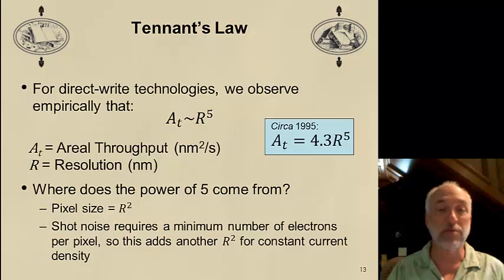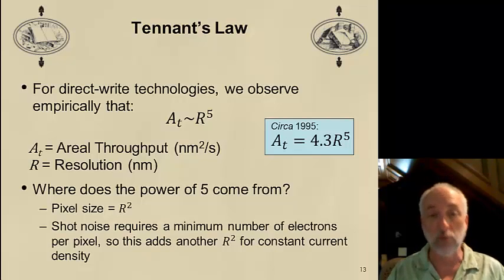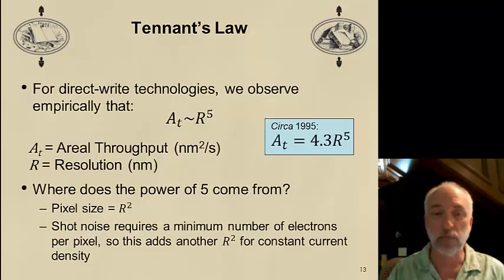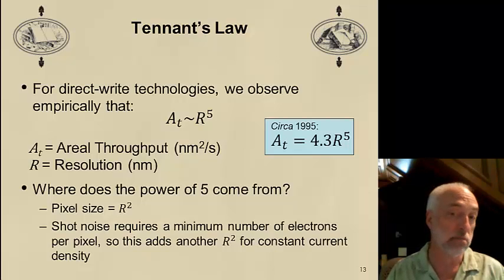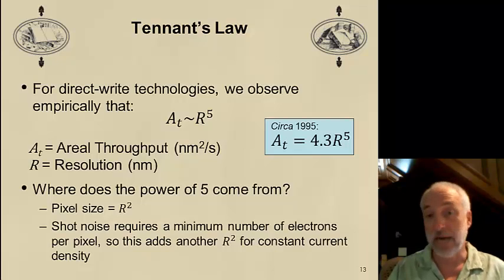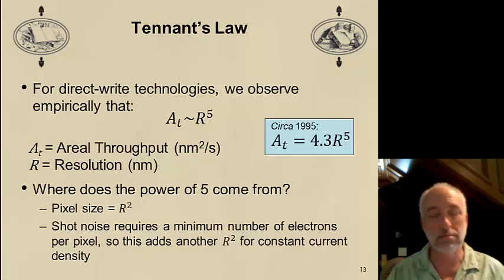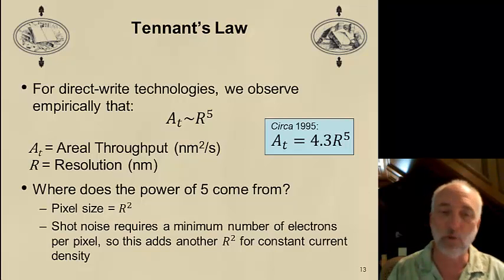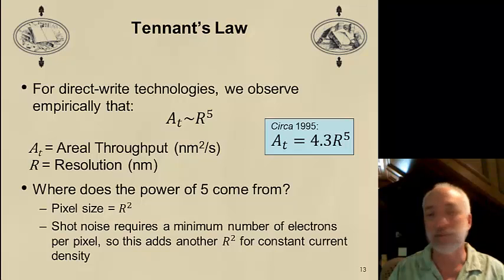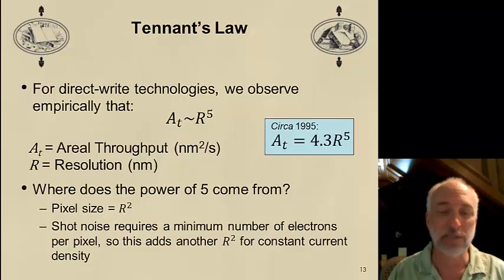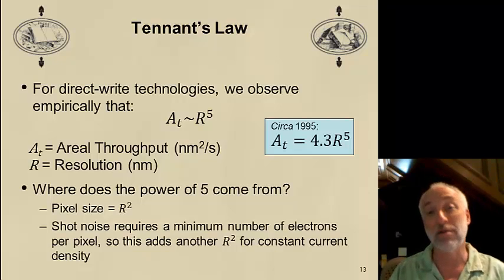If there's a minimum number of electrons per pixel, then I'm going to have to write longer as I shrink the size of that pixel if I have a constant current density. That gives us now an R to the 4th power, and the R to the 5th is probably just an added set of normal control-related things. It's harder to control small pixels well, so you have to do things a little bit more slowly to make it happen. This is an empirical law. It's not a law of physics, but probably the R to the 4th power is going to be very hard to overcome.